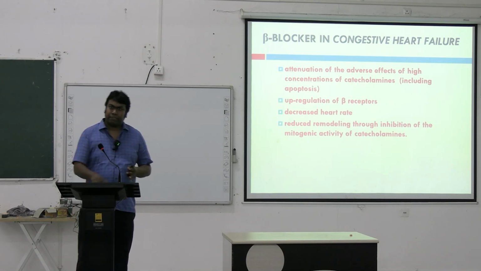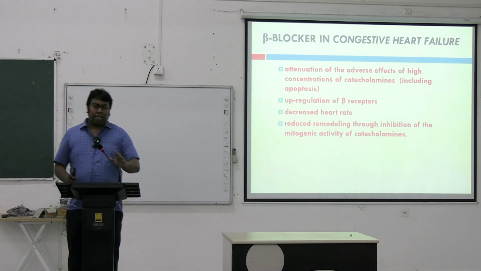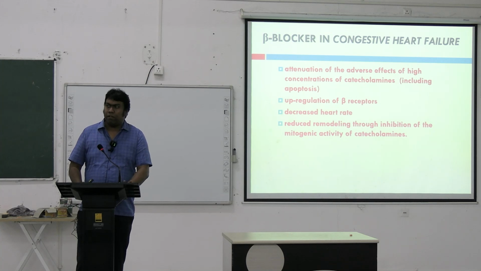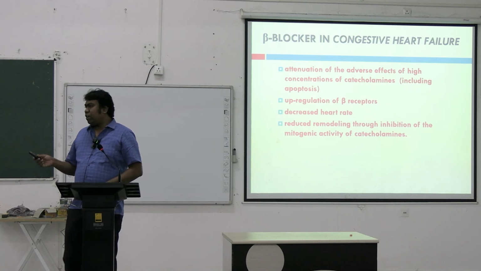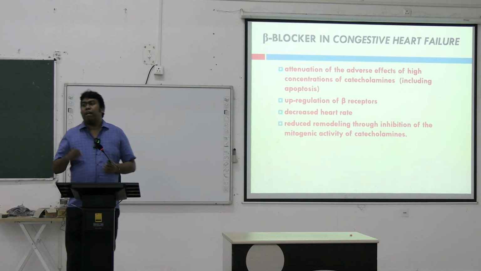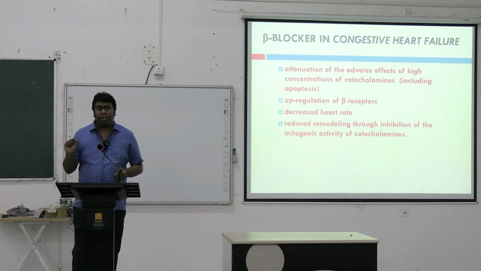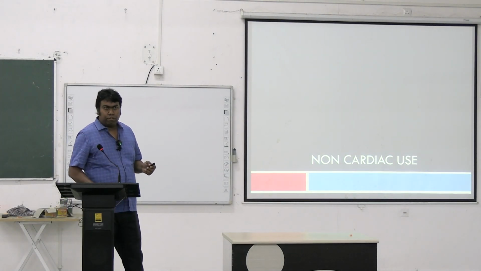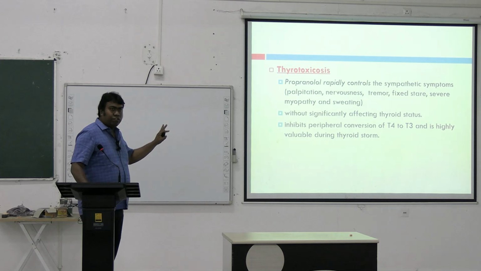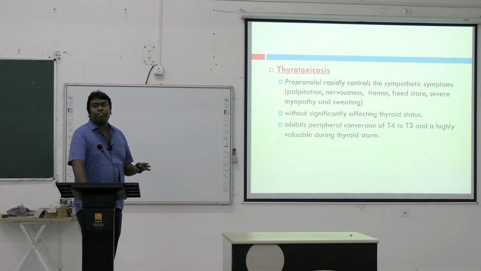Clear? তাহলে কি হলো? এই পাঁচটা যেন কোনো অসুবিধা না হয়। কি? হাইপারটেনশন, অ্যানজাইনা, মায়োকার্ডিয়াল ইনফার্কশন, অ্যারিথমিয়া and heart failure. In heart failure, it is used in chronic heart failure, not in acute heart failure. Clear?